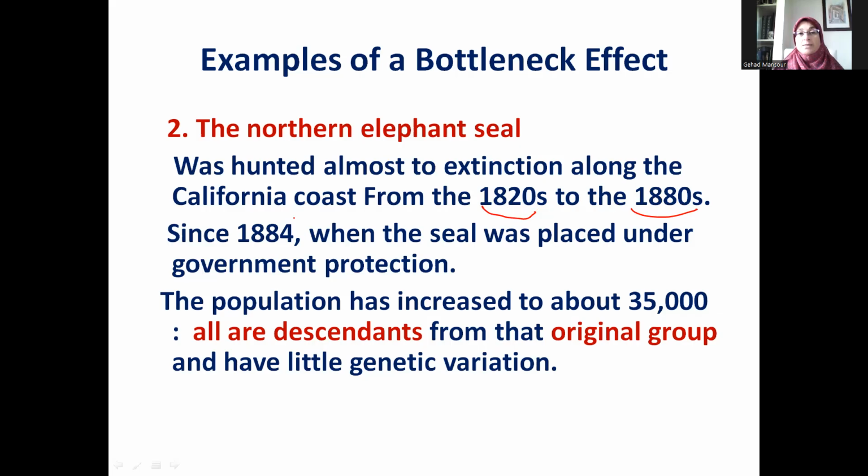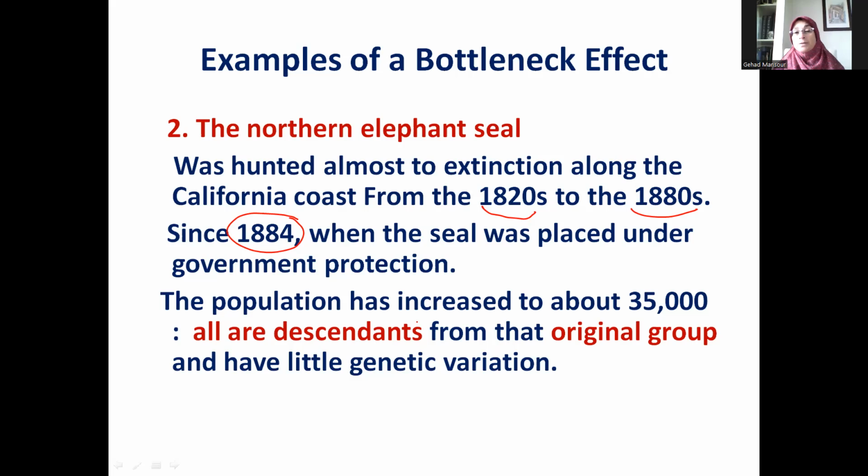And then in 1884, they set laws to put this elephant seal under governmental protection, and it was banned to hunt it. And therefore, the survivors of the elephant seal started reproducing again and increasing in number.